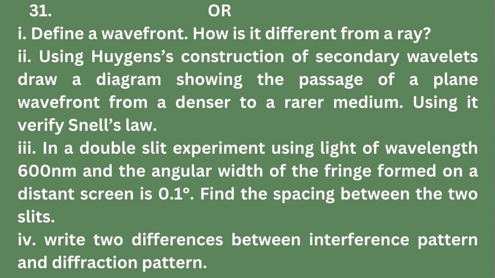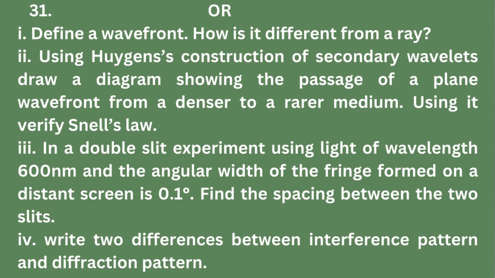30th, part 1: Define a wavefront. How is it different from a ray? Second part: Using Huygens construction of secondary wavelets, draw a diagram showing the passage of a plane wavefront from a denser to rarer medium. Using it, verify Snell's law.